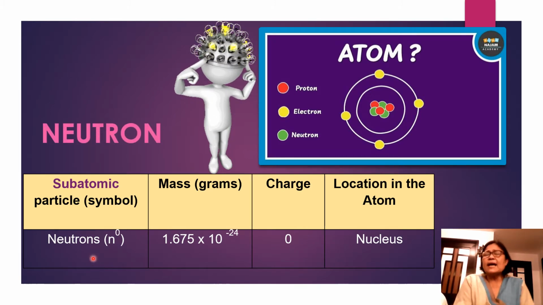So the last subatomic particle is the neutron. It has a mass of 1.675 times 10 raised to negative 24 with zero charge, found inside the nucleus of an atom. However, the neutron is the heaviest particle.